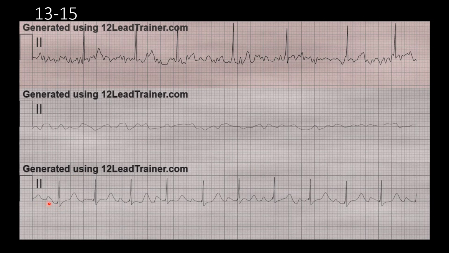We do have P waves, however, this one looks a lot different from this one, which looks a lot different from this one and that one. So we have P waves, but they are kind of odd in appearance, they're different.